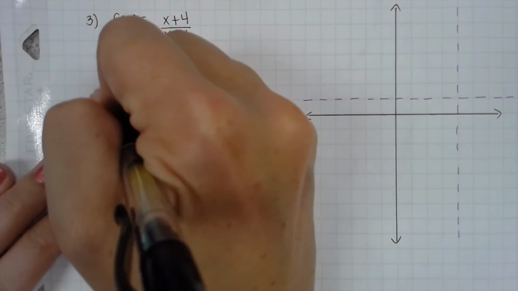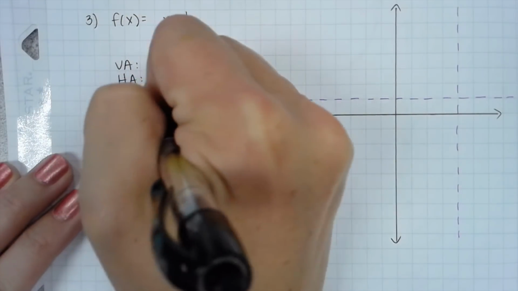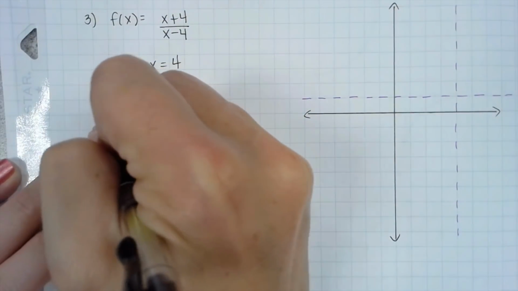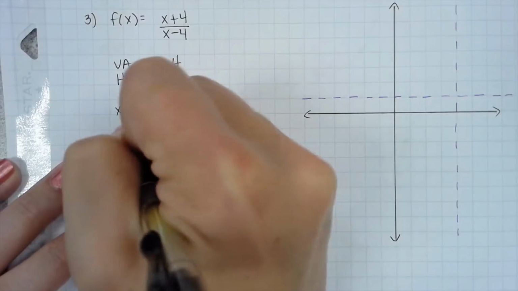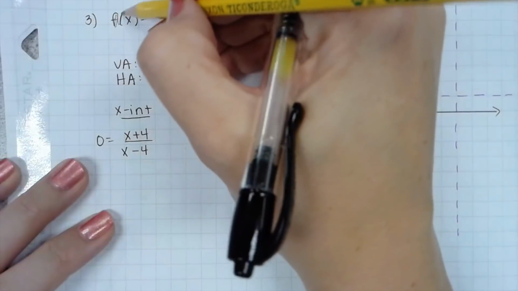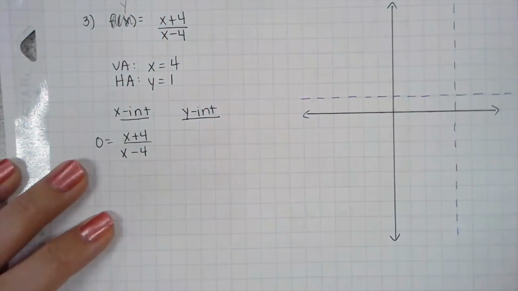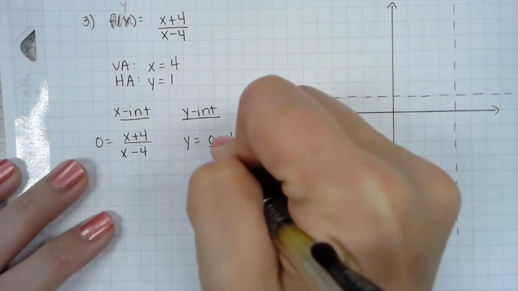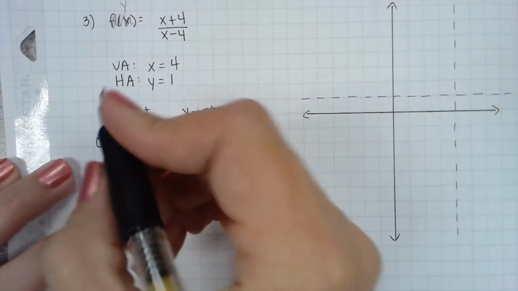And so now I'll do my x and y intercept. So for my x-intercept, I put the 0 in for the y. And remember, I just did it automatically, but this is your y. And then for the y-intercept, I'll do the opposite, and I'll put the 0 in for my x.